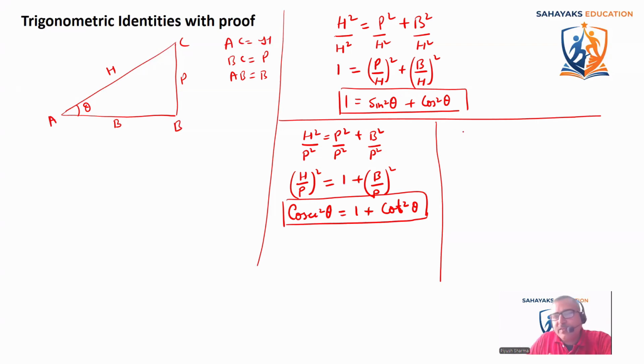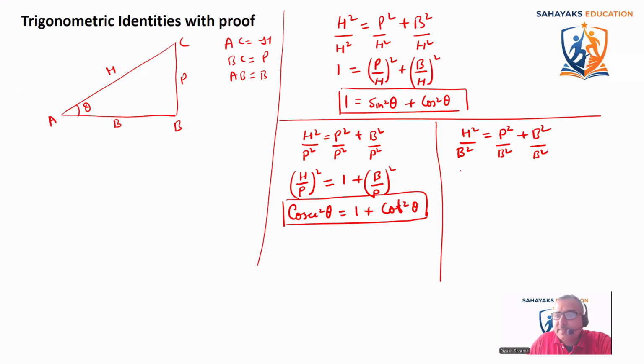Then in a similar fashion, let's divide the Pythagoras theorem, h square is equal to p square plus b square, by b square. What is h by b?